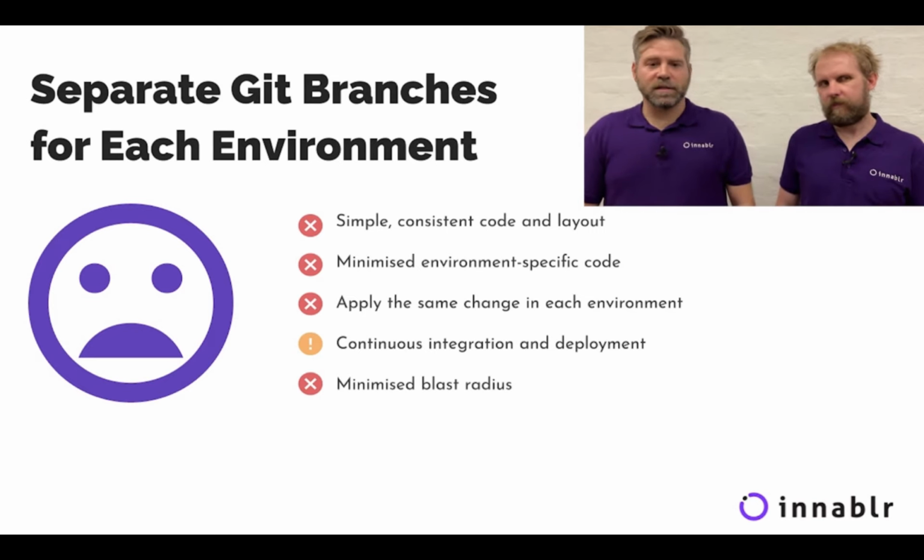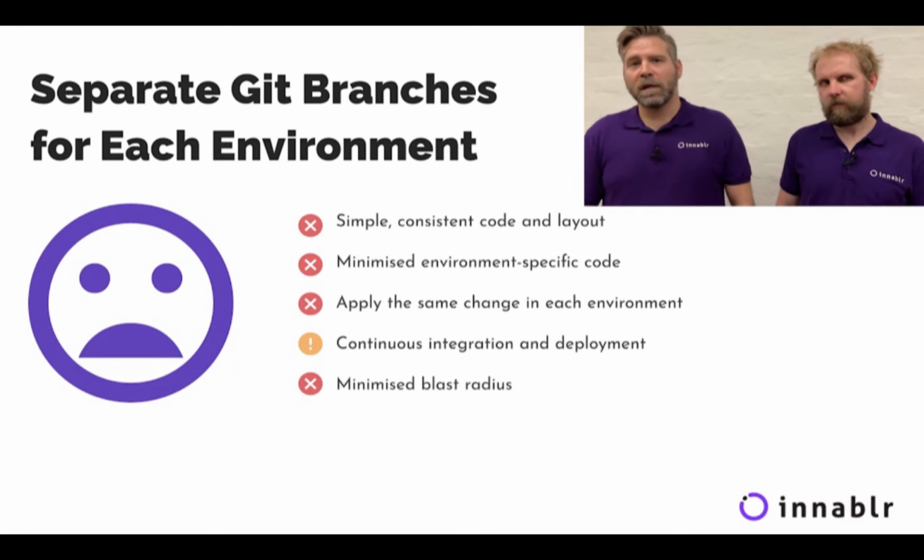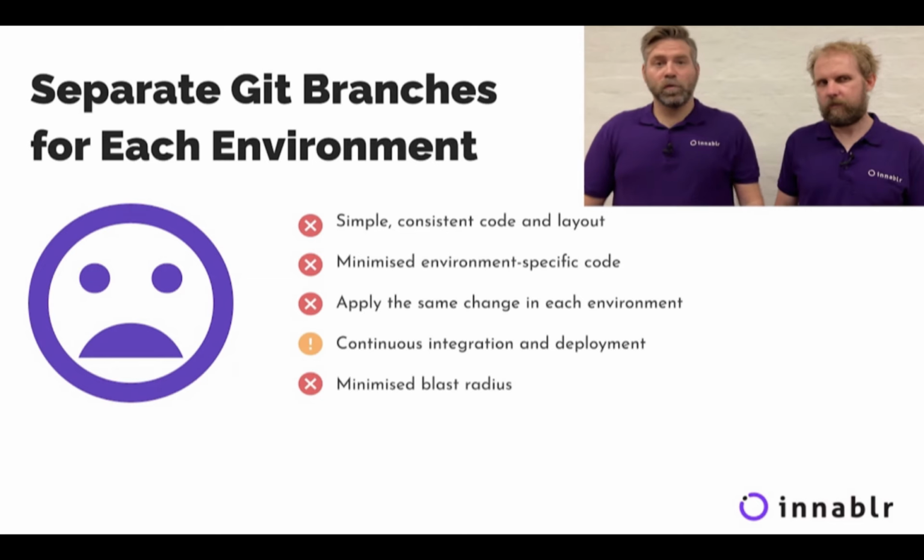The other thing is that you might try and sync each branch together, for example, trying to merge prod into pre-prod, pre-prod into dev, and you'll have a lot of challenges, a lot of issues trying to merge those code bases together. Continuous integration and deployment potentially could be done, but you're still going to have issues because once again, you've got to change branches and you're going to have different code bases.